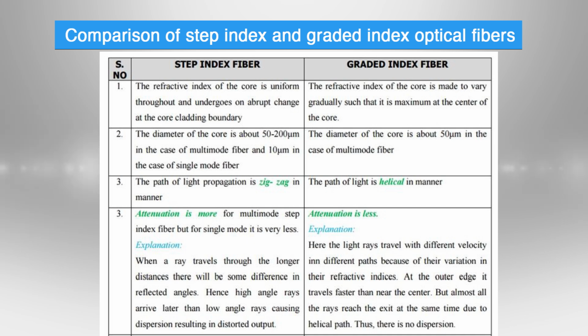Applications: step index optical fibers are suitable for short distance communication and applications where high bandwidth is not critical. Graded index optical fibers are suitable for medium to long distance communication and applications requiring higher bandwidth.